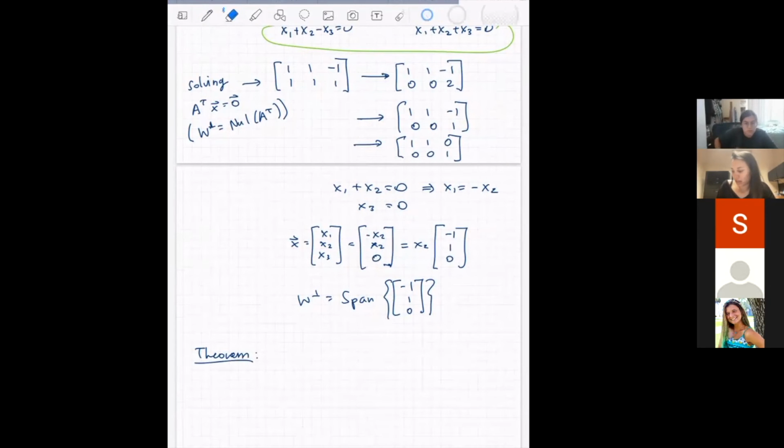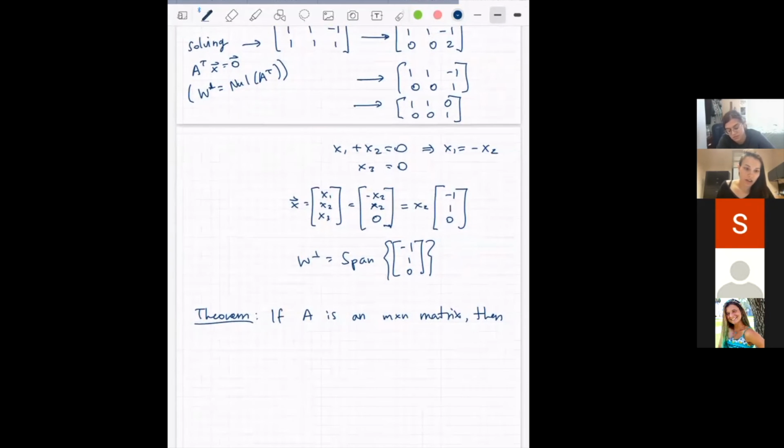If A is an m by n matrix, then the orthogonal complement of the row space of A is going to be equal to the null space of A. And the orthogonal complement of the column space of A is going to be equal to the null space of A transpose, which is what I was referring to up here.